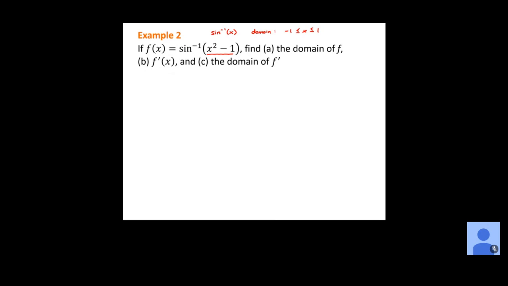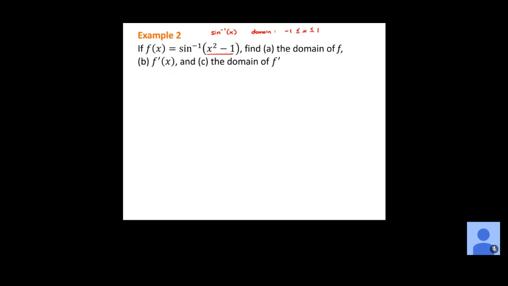So how am I going to find the domain for this one?